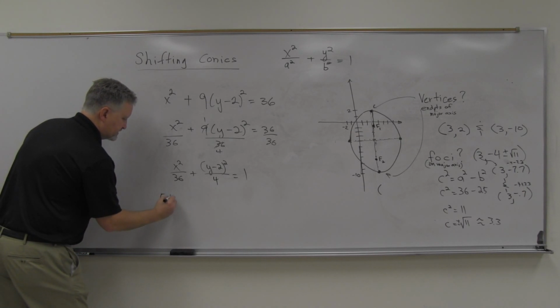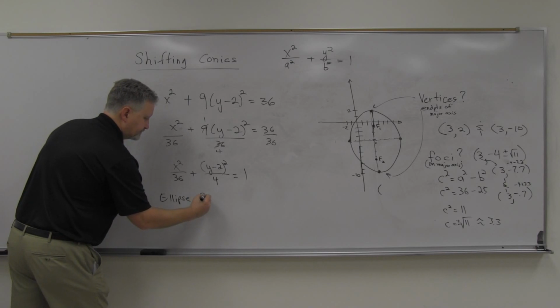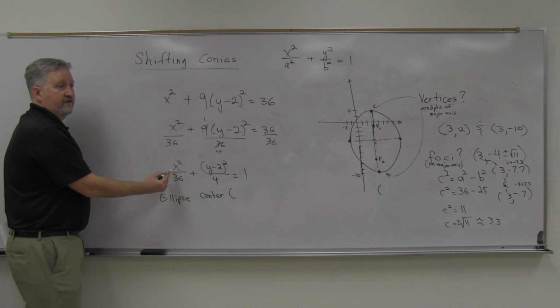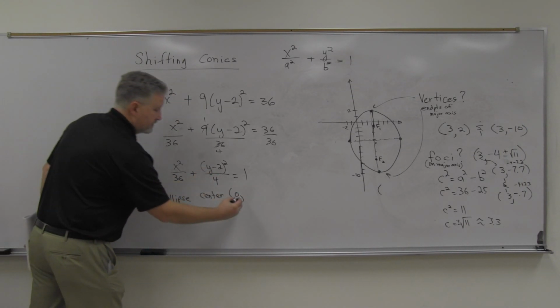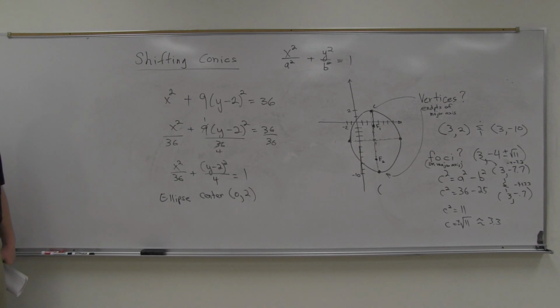Center, where's my center? 0, 2. There's nothing subtracted from the x, so the center x value would be 0, but the y is shifted 2 units. So 0, 2 is the center. Yes? Okay.